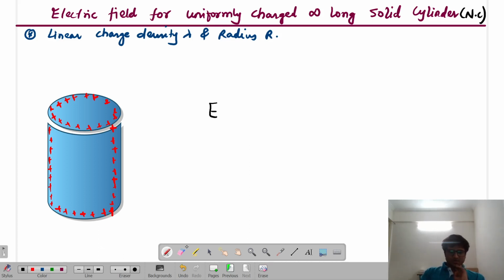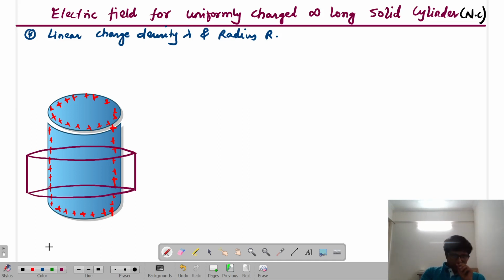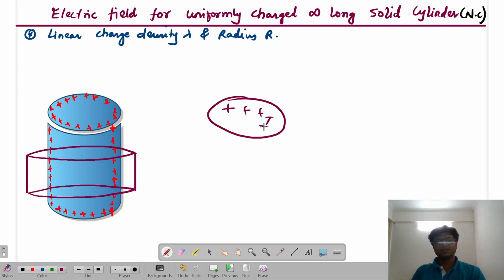Acha, let's suppose I construct a Gaussian surface. The answer lies with you; these kinds of questions can be asked and they are confusing. So draw a Gaussian surface. Tell them that I will draw a Gaussian surface and then I'll tell the answer. Now when you draw the Gaussian surface, you get your answer. Why? Because when you draw the Gaussian surface, it will behave like only a disk of charges, and my point lies over here, isn't it?